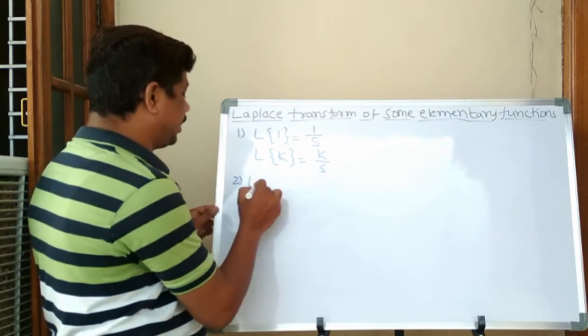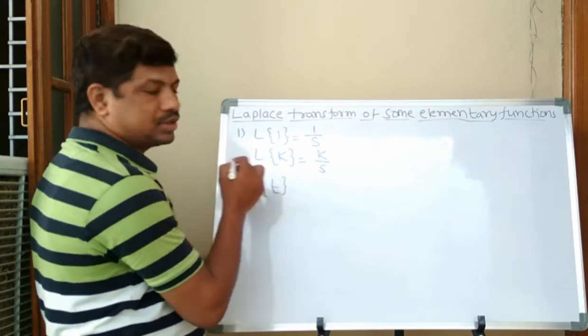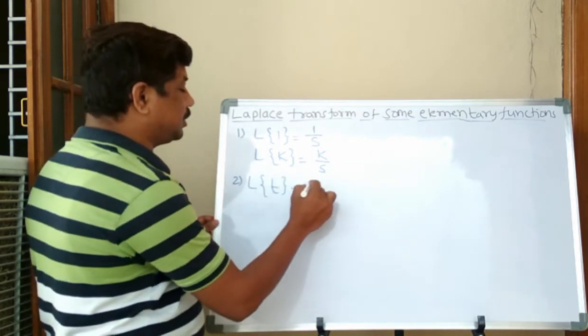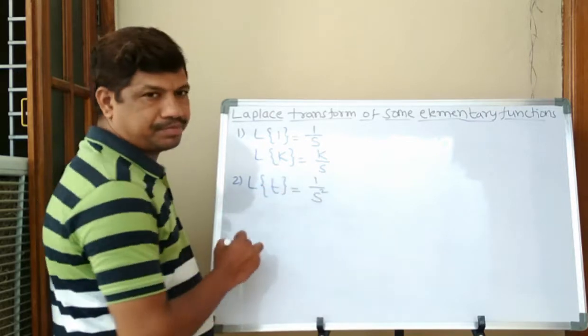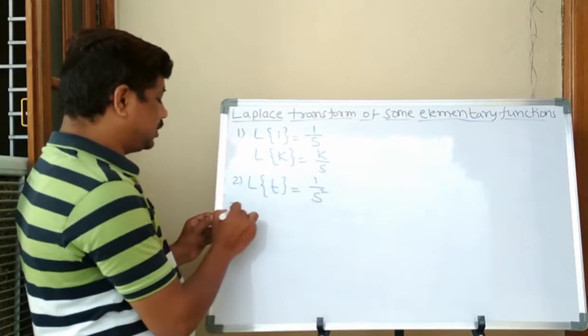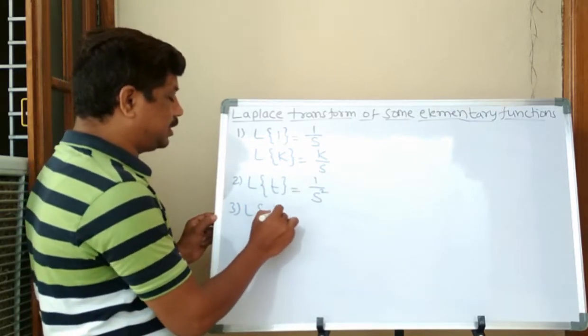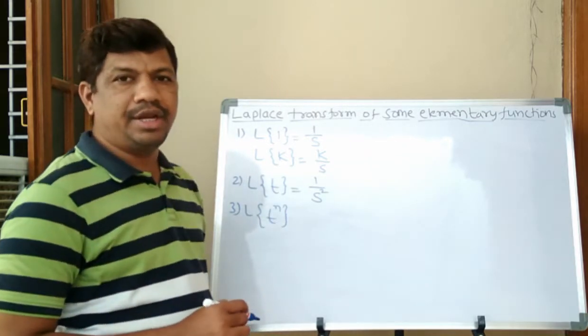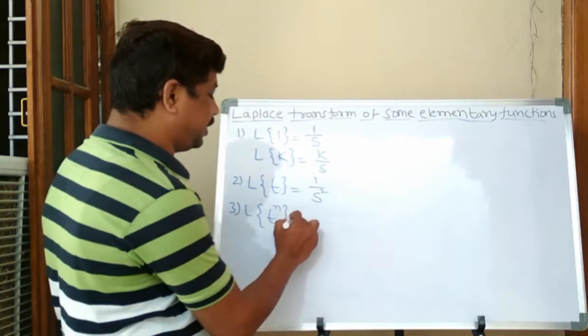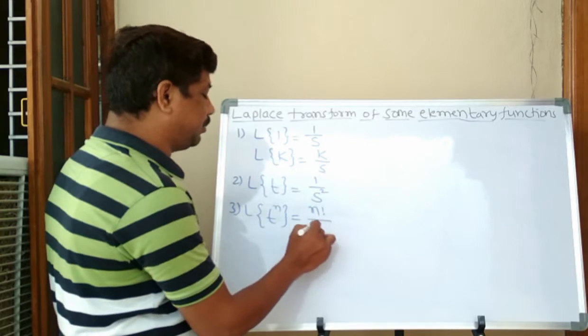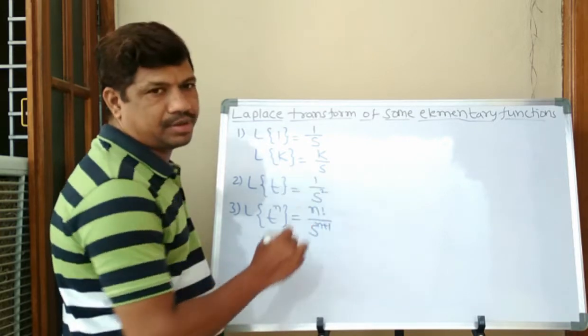Let us see. Laplace of t is equal to 1 by s square. Laplace of t power n, where n is a positive number, is equal to n factorial by s power n plus 1.